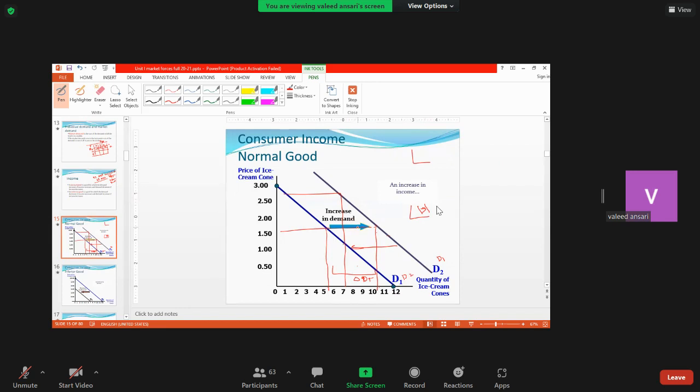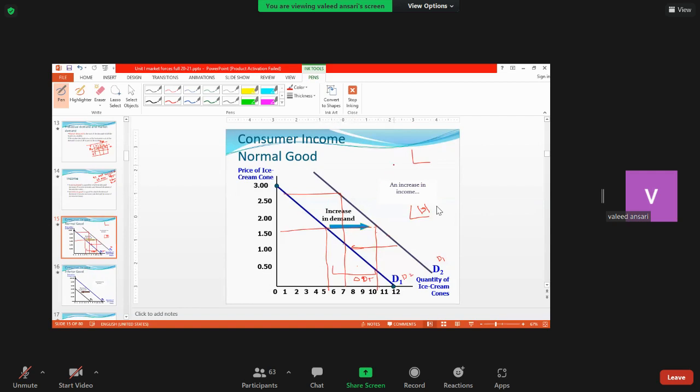The quantity demanded will increase or decrease in response to a change in income. Once I have gone through this, I will make a distinction between movement on a demand curve and shift in the demand curve. But I have just hinted at the things to come.